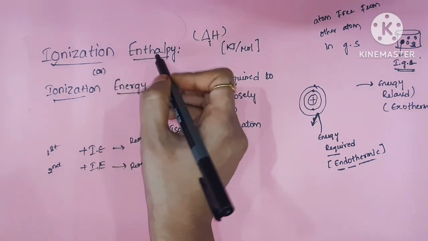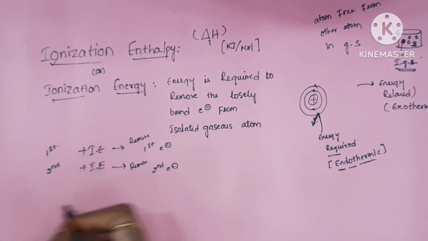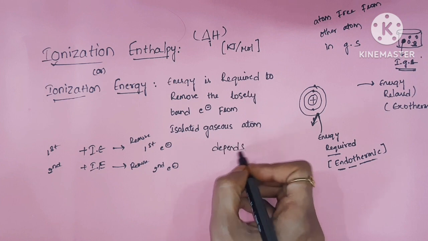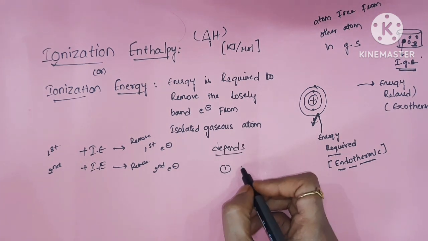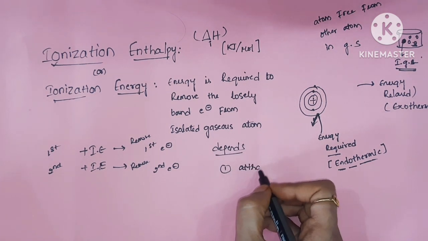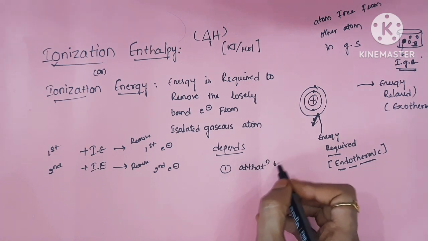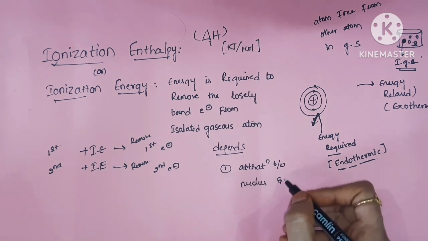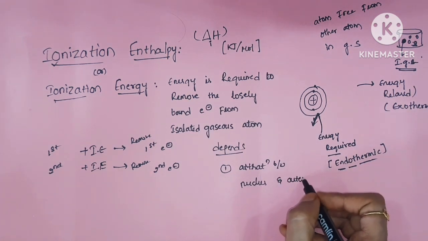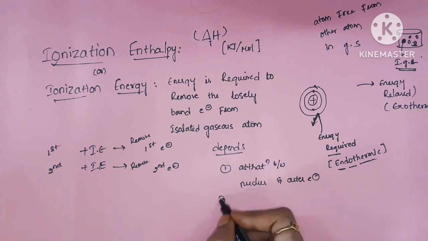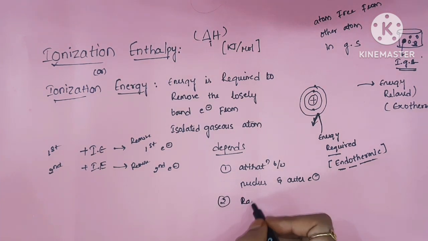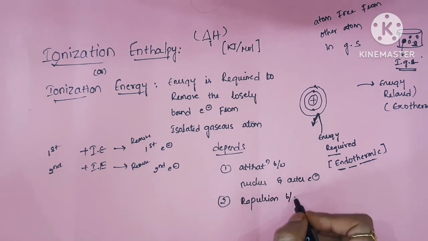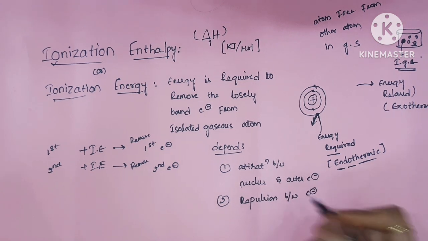Ionization enthalpy depends on two factors. One is the attraction between the nucleus and outer electrons, and the second is the repulsion between electrons.